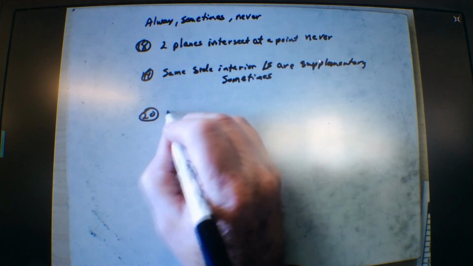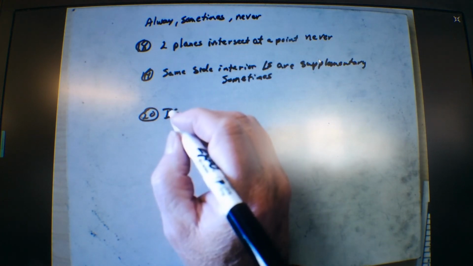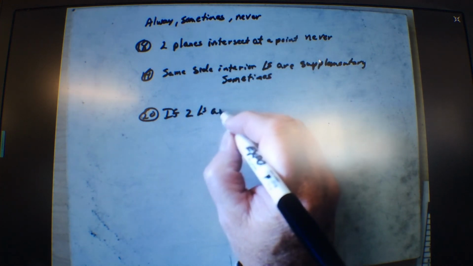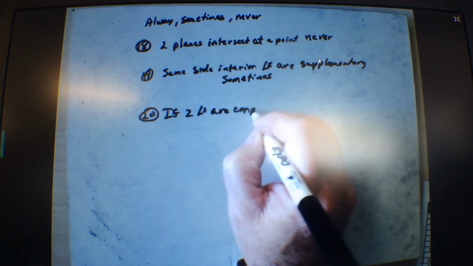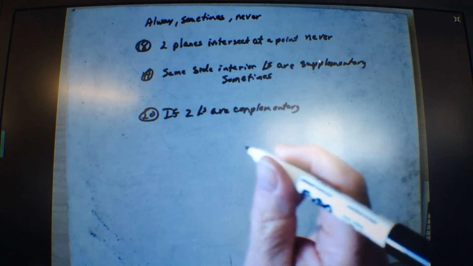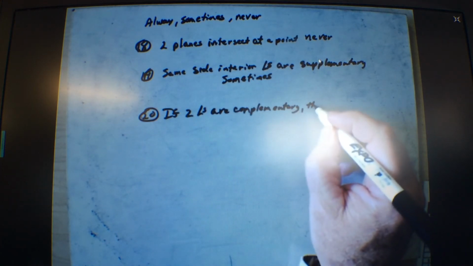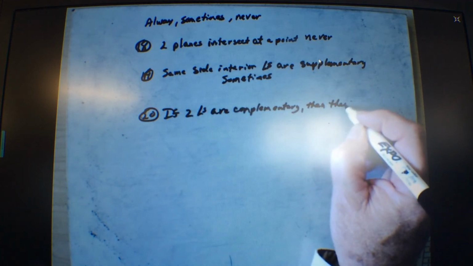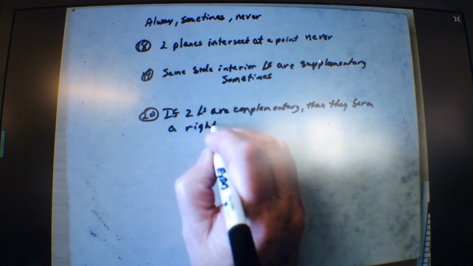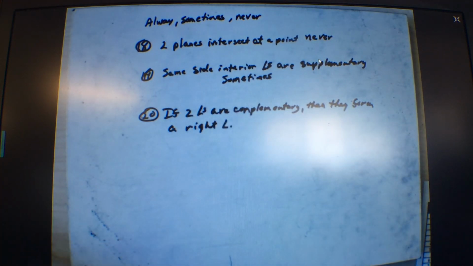Number 20, the last one. If two angles are complementary, then they form a right angle. Always, he says.